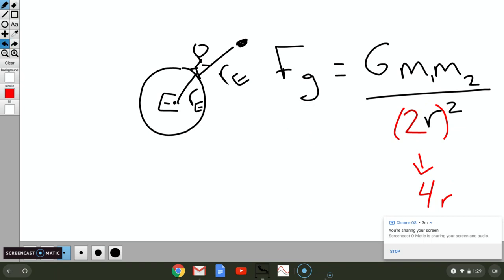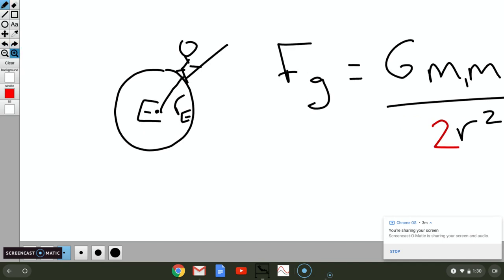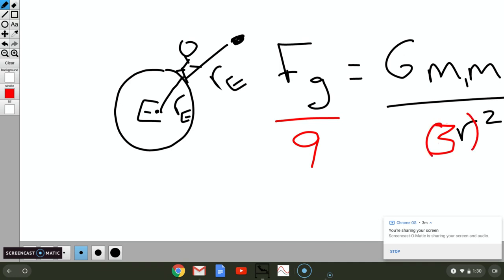So, in other words, if I multiplied the radius by 3, I would effectively be reducing the force of gravity by a factor of 9, because it's 3r squared.